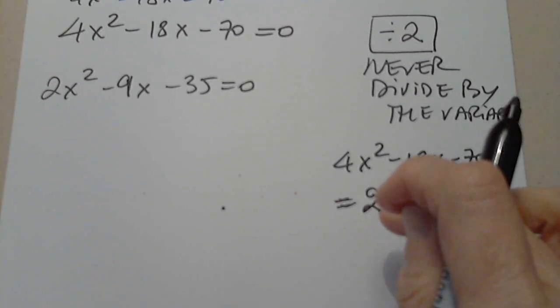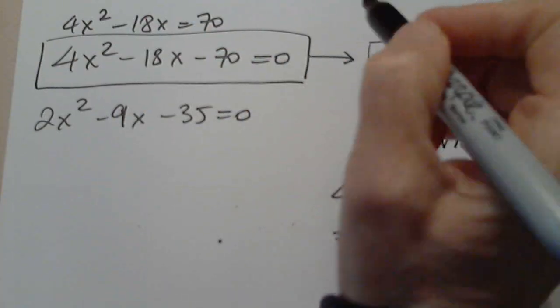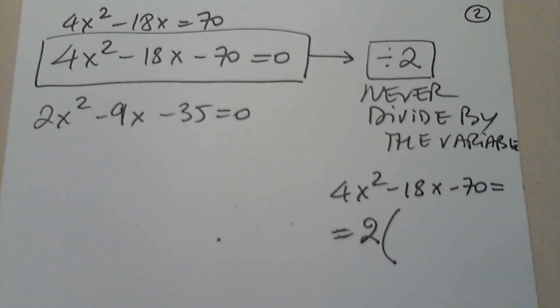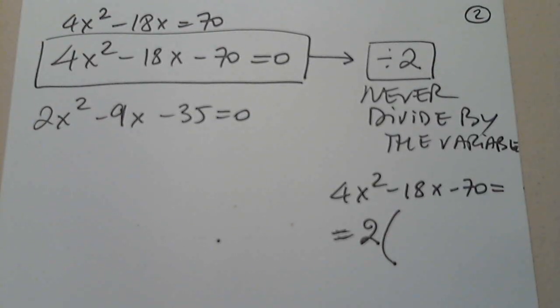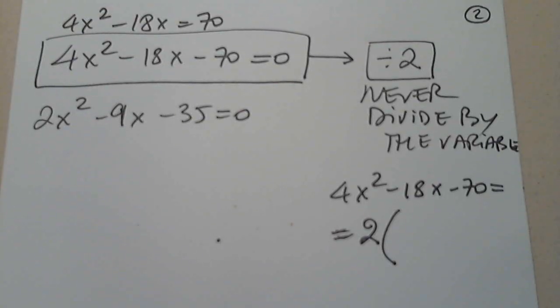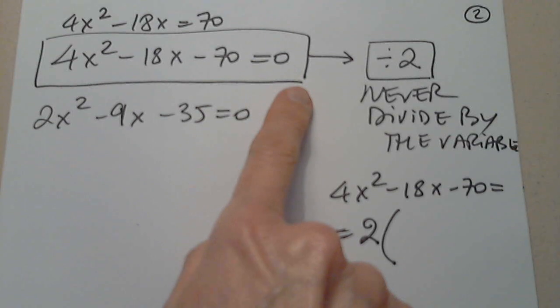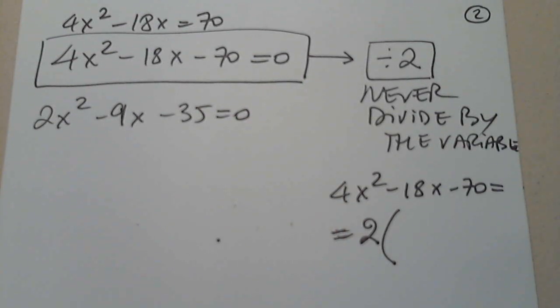No, 2 has to stay as a factor. But if you solve the equation, you can divide by a number. If you're simply factoring, you cannot remove a factor by dividing by it, because it's not an equation. In an equation, we are allowed to divide both sides by a non-zero number.